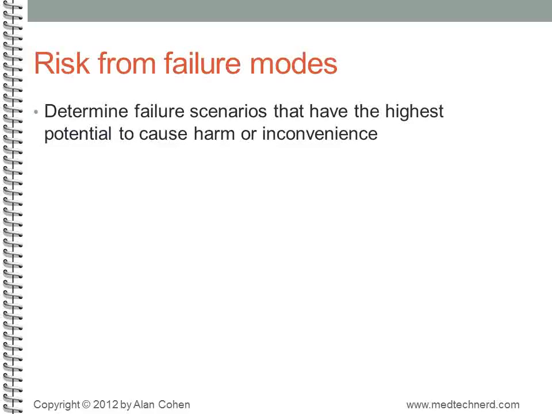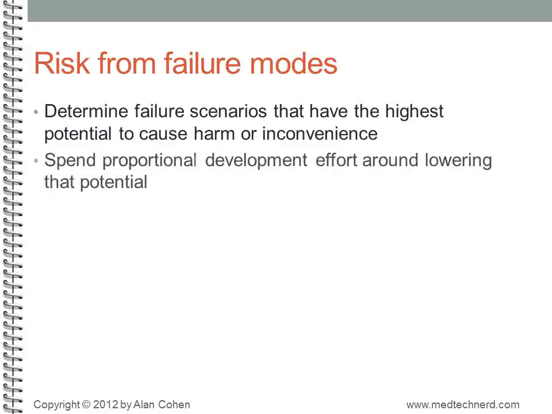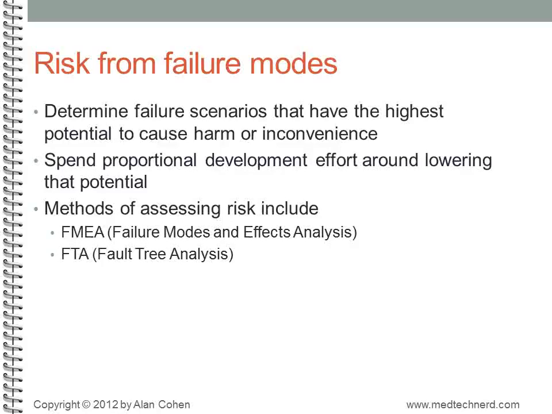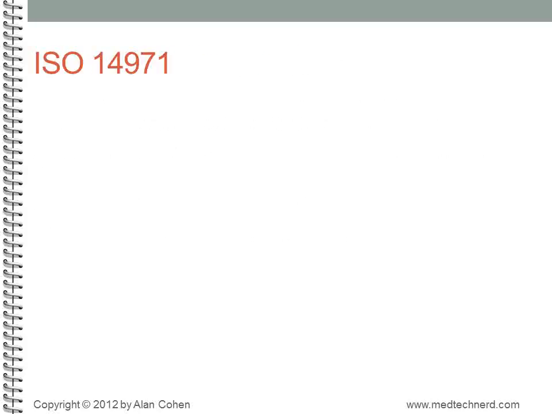During the development process, there should be formal reviews of these potential failure modes and some quantification of the degree of harm that they can be expected to cause. Once we have these quantified, we can decide which risks to focus our time and money on mitigating. The formal process typically used for this is called an FMEA, for Failure Modes and Effects Analysis. There are also other techniques that can be useful here, such as FTA, or fault tree analysis.